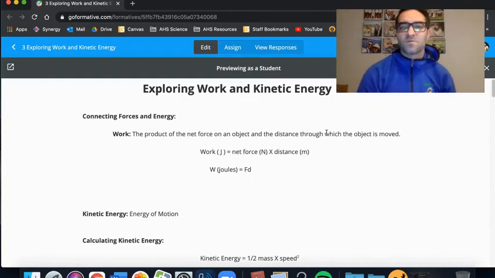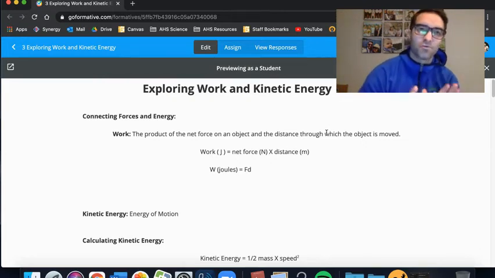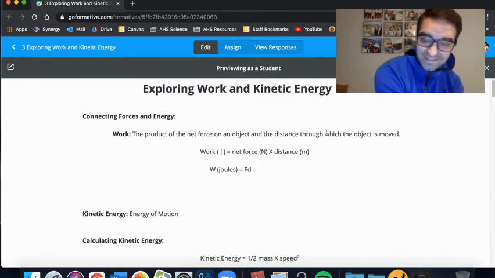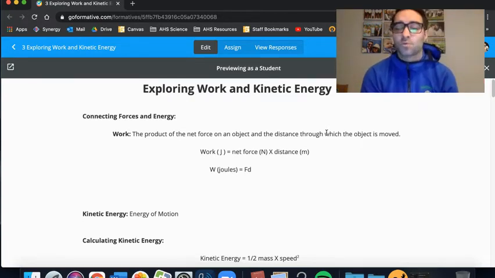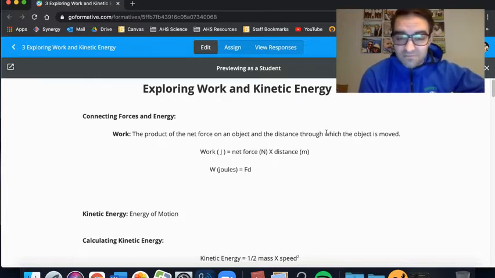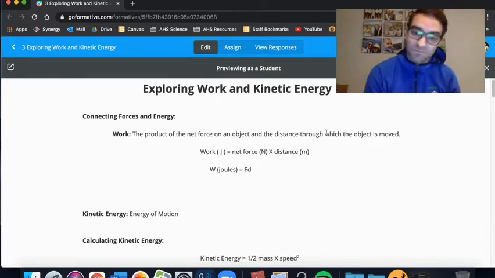Well, now we can determine how much work it would take when you apply a net force for a certain amount of distance. Okay, so how much work would it take to move the box, let's say 5 feet, right? Not just move the box, but move it 5 feet.